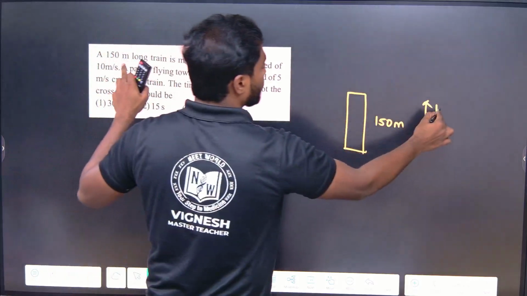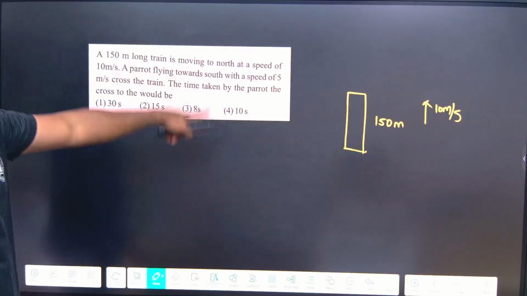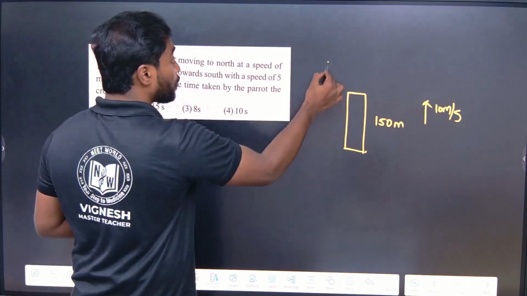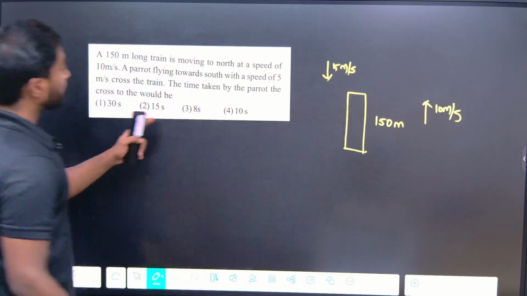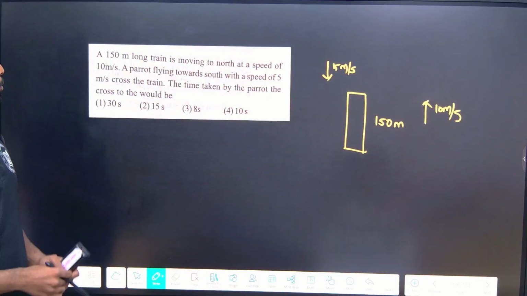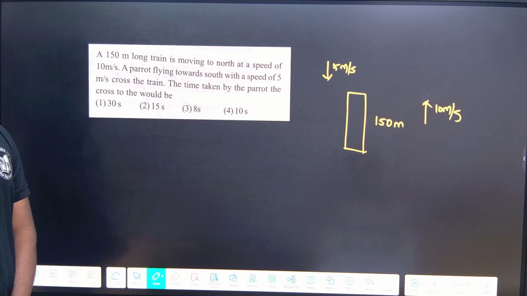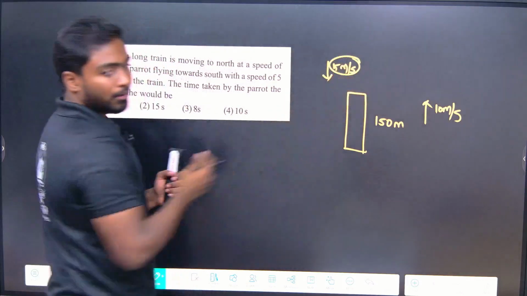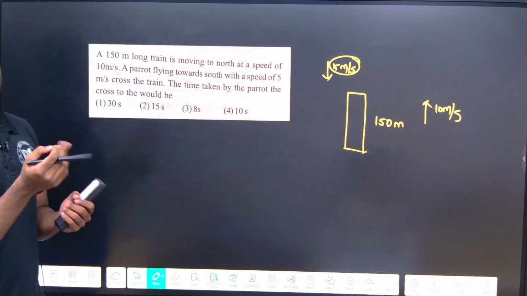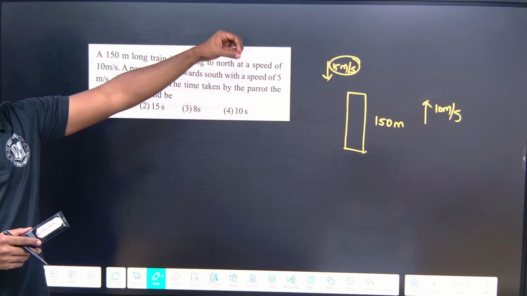And a parrot is flying towards south, which is 5 meter per second. The time taken by the parrot to cross the train will be, okay. Now they have not given the parrot size, it will be a small thing, but I need to cross the 150 meter, right?